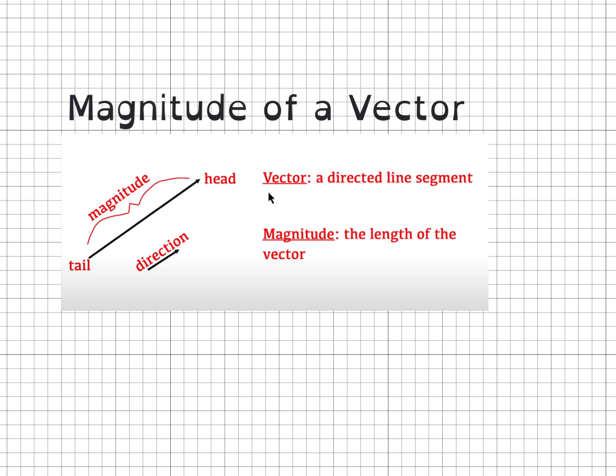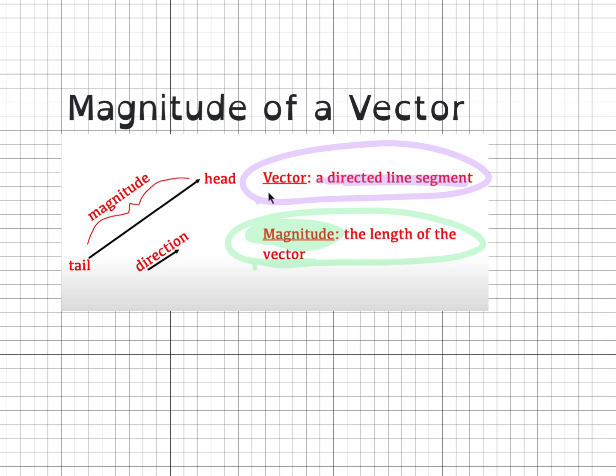So let's look at the magnitude of a vector. Earlier in this video, we said that a vector is a directed line segment. Now we're going to look at the magnitude. This is one of the characteristics why a vector is very special.